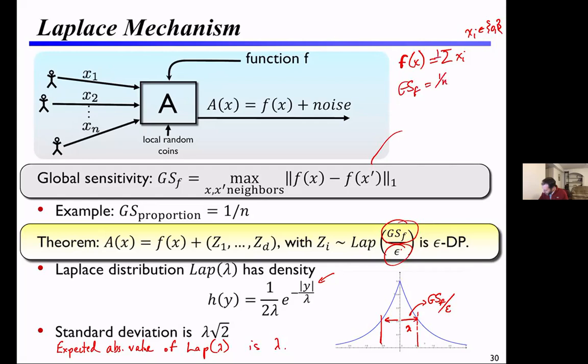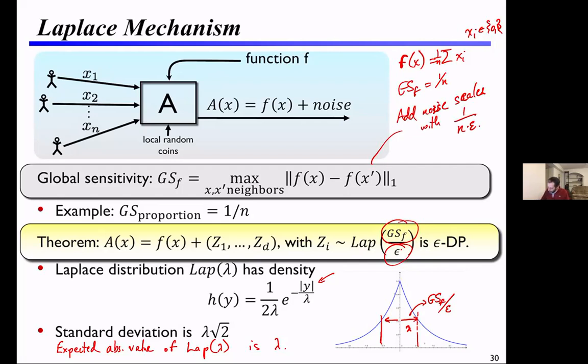And so we add noise that scales with 1/(n times epsilon). So the larger my data set is, the lower the noise is.